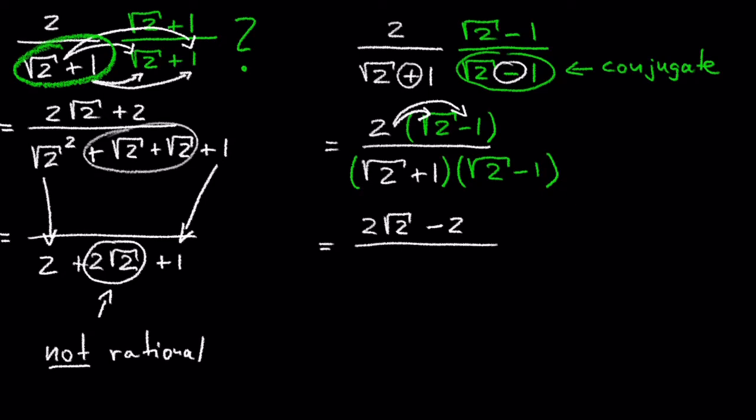The important thing is that you multiply each factor in the first parentheses with each factor of the second parentheses. So we get the square root of 2 times the square root of 2, plus the square root of 2 times -1, plus 1 times the square root of 2, plus 1 times -1.